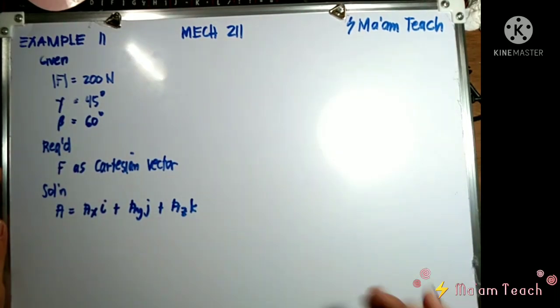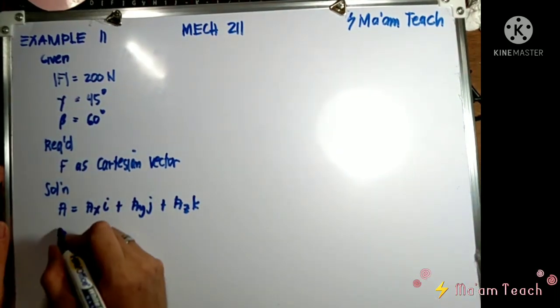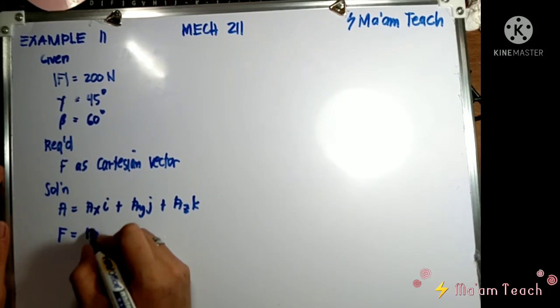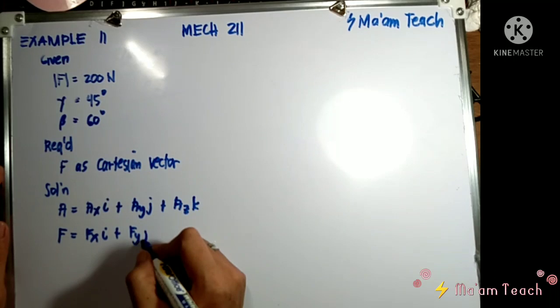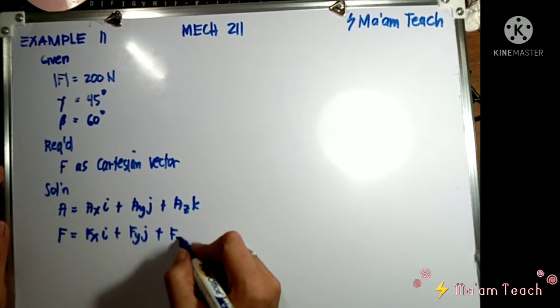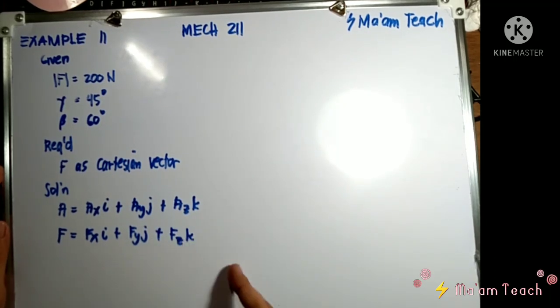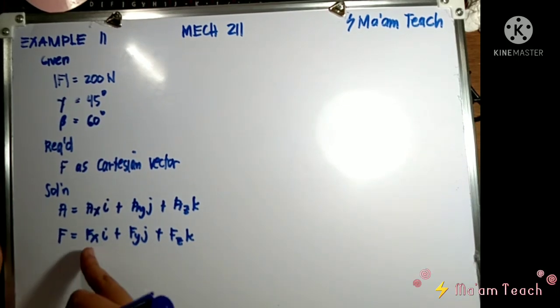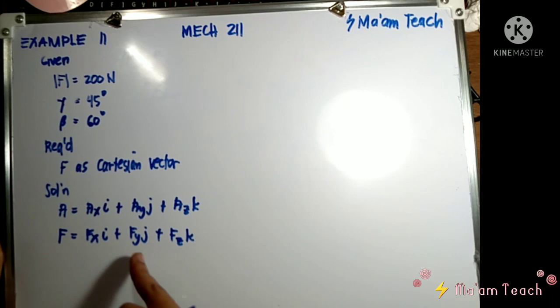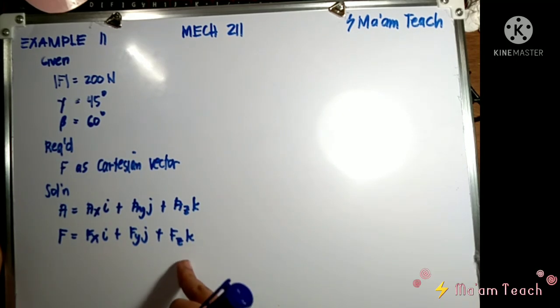Since we are dealing here with force, our force should be in this form also: FXi plus FYj plus FZk. Okay, now how are we going to find its x component, y component, and z component?